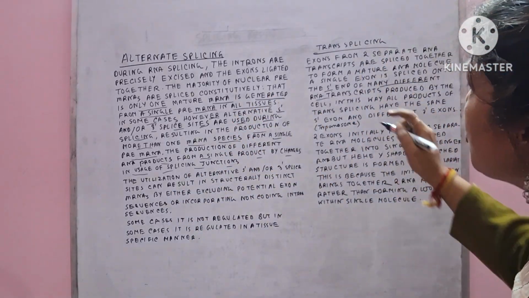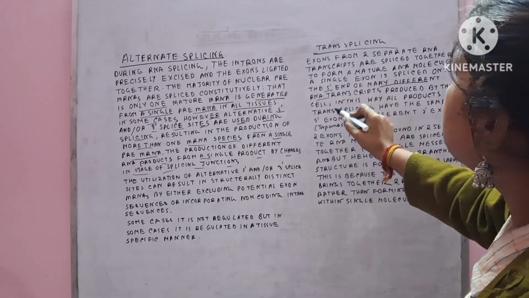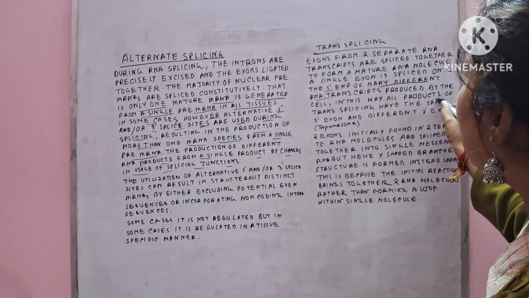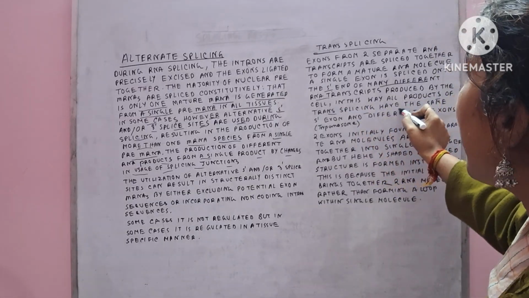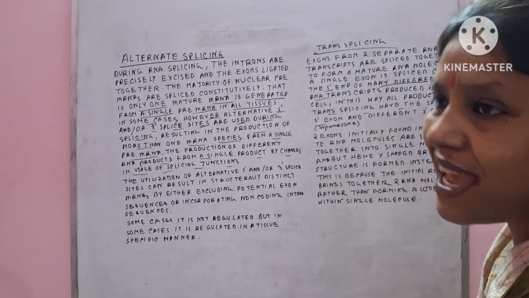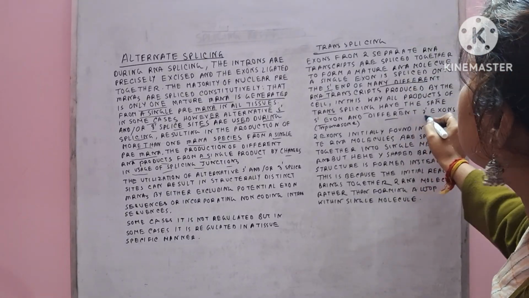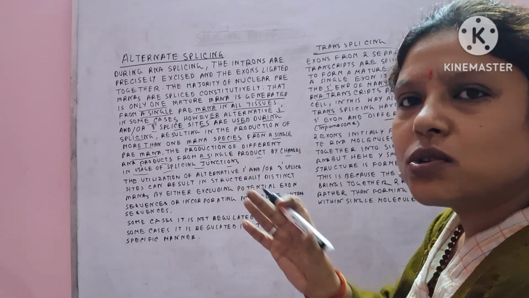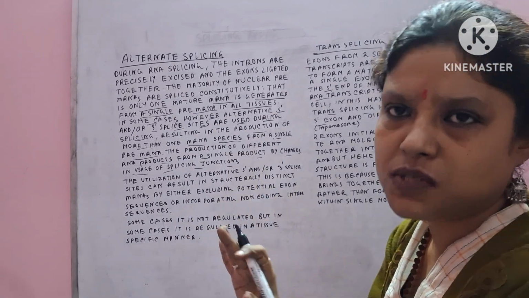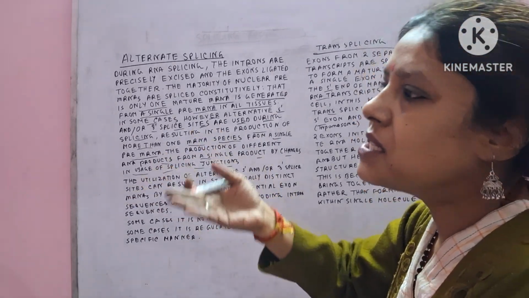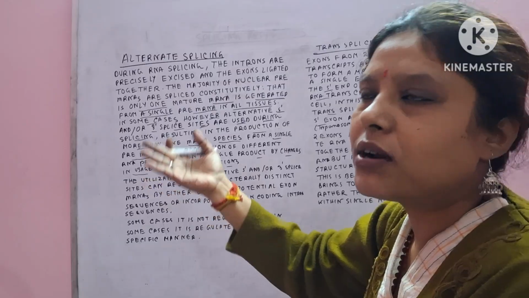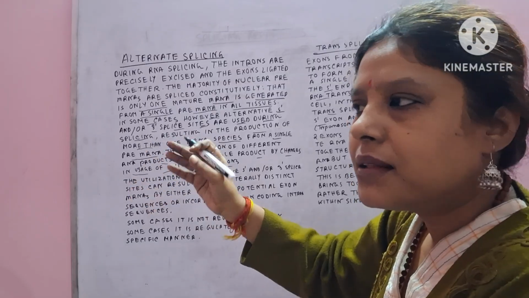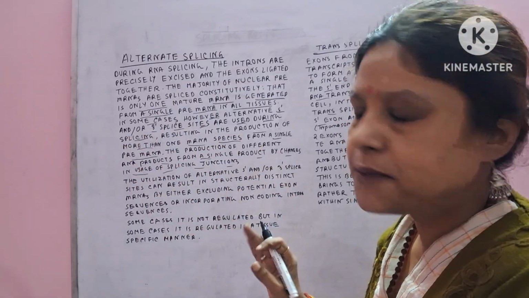Okay, so that's why the products of trans splicing have the same 5' exons and different 3' exons. All the 5' exons are the same, but the 3' exons are different, because the splicing started in different RNAs. That point is the 5' site.